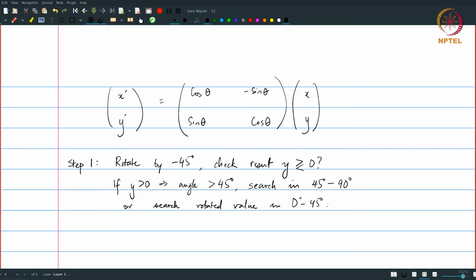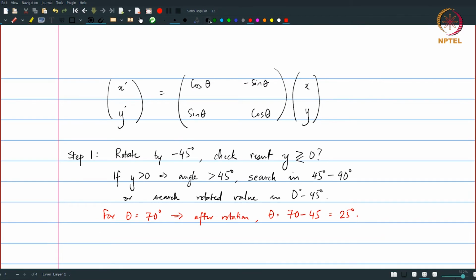Okay. So in our case, for theta equal to 70 degrees, after rotation, theta is equal to 70 minus 45 equal to 25 degrees. So let's go to step 2.